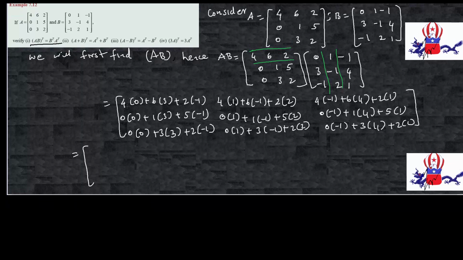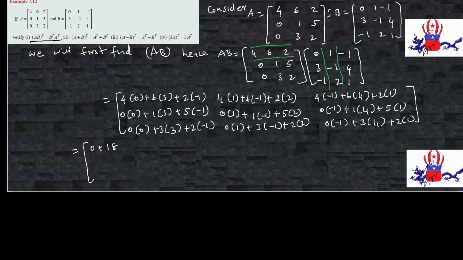The matrix that we would be getting upon simplifying: the first column is 0, positive 18, negative 2, and 0, positive 3, negative 5, and 0, positive 9, negative 2. For the second column, it will be 4, negative 6, positive 4, 0, negative 1, positive 10, and 0, negative 3, positive 4.